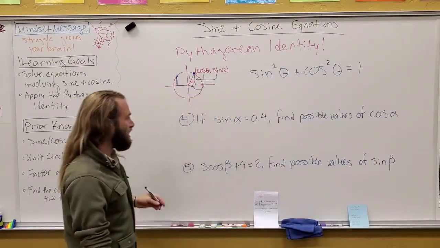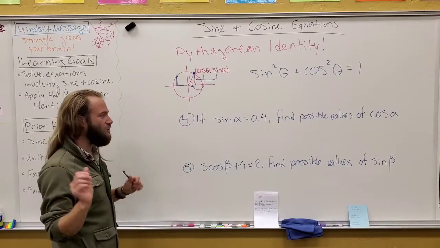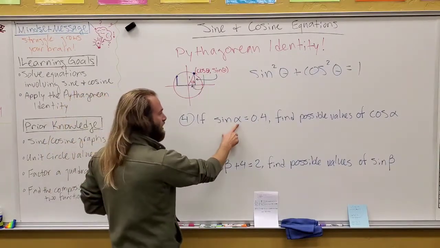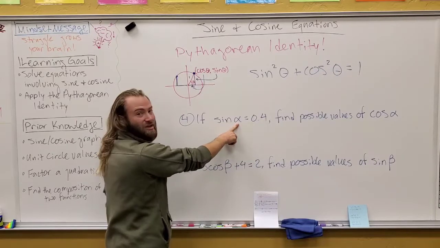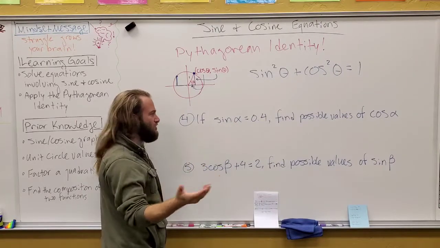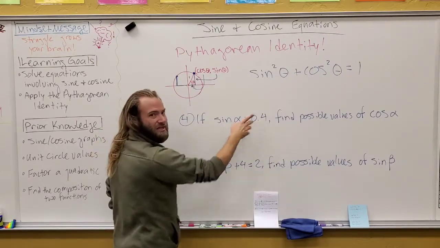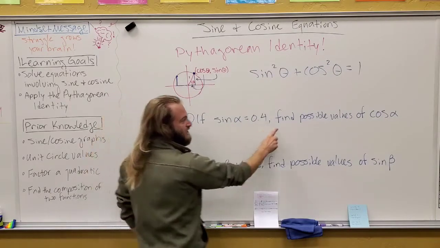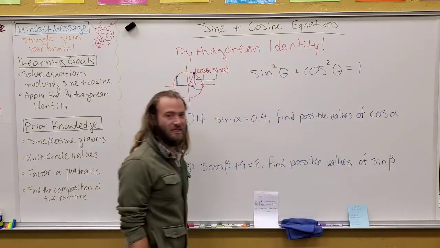So let's apply this to a couple things. These kind of count as equations, but I want you to notice something. We are not asking to find the angle anymore, okay? Now we've learned we could do that even for a weird one like this in our last examples, but all this is saying is find possible values of cosine theta.